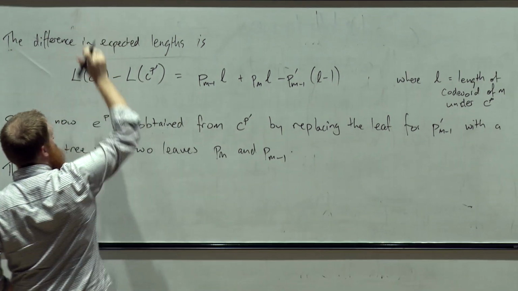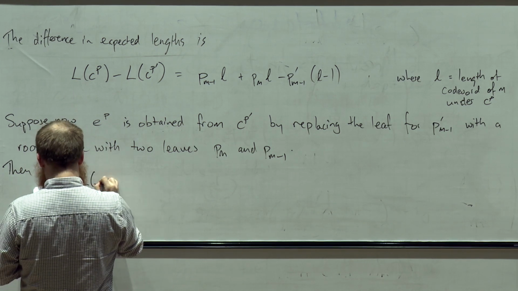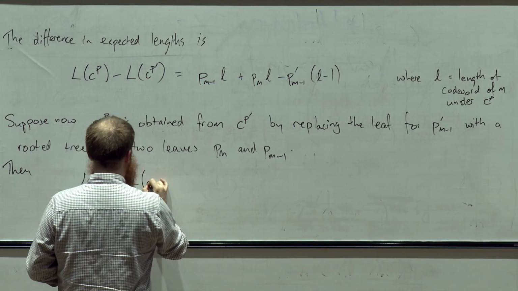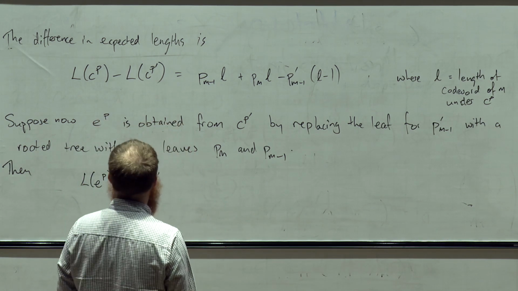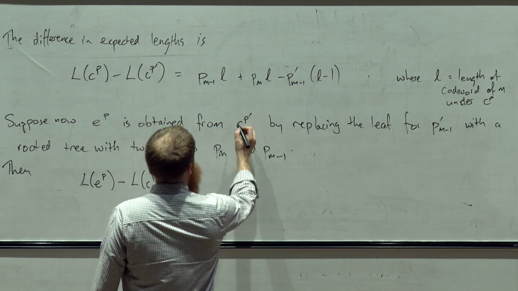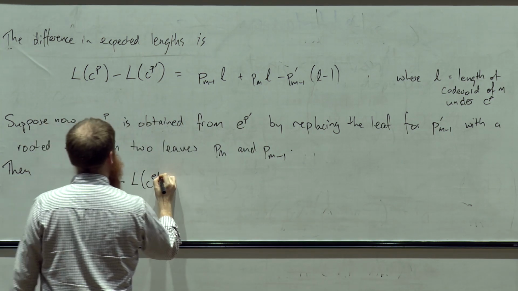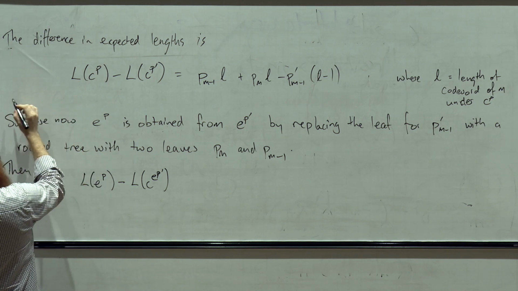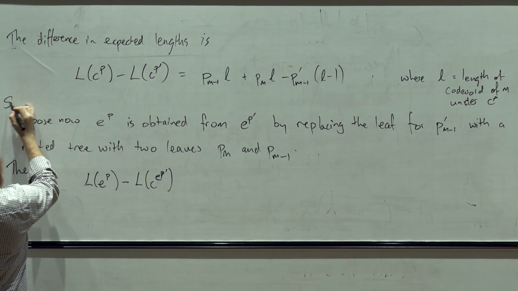Okay, then I can compute the difference in code word lengths again. So the length of Ep minus the length of Cp prime. Sorry, I've done this wrong. No! Let's do Ep prime. Ep prime. So I'm going to have to add something. I should have been more careful.